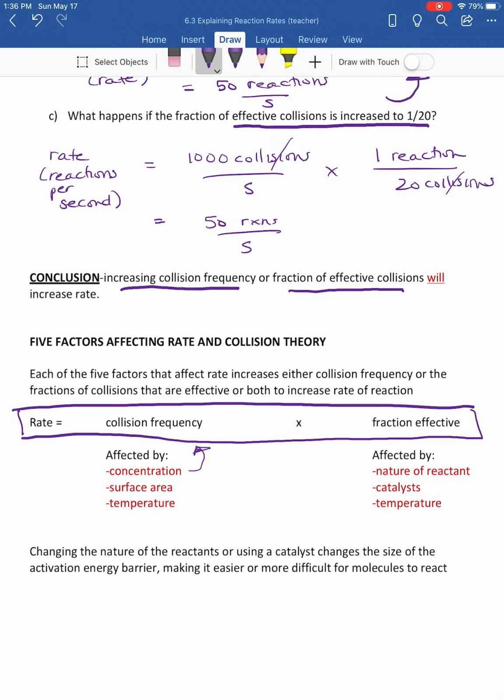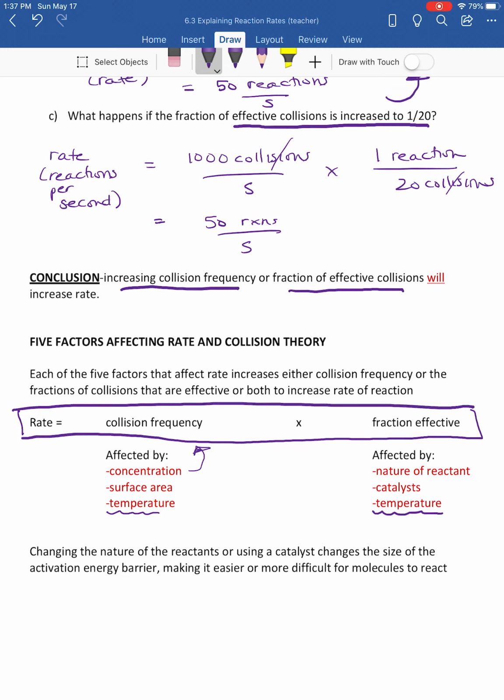Okay. Catalysts. What we know about catalysts is that they typically bring your reactants together, but they are not consumed in the reaction. And lastly, temperature. The thing you're going to see is that temperature is kind of the gold standard here, because temperature affects both the number of collisions as well as the effectiveness of those collisions.